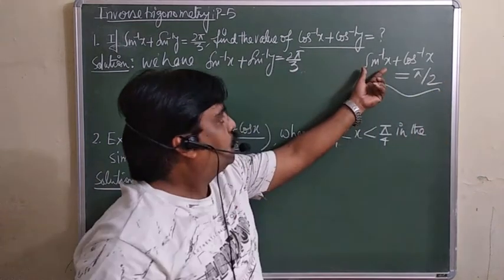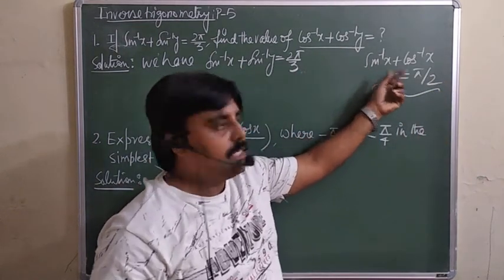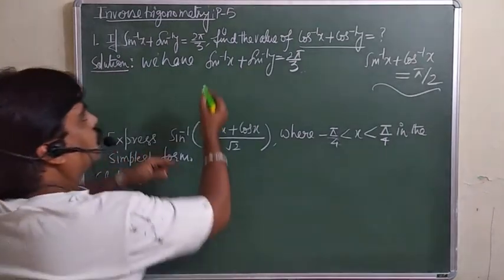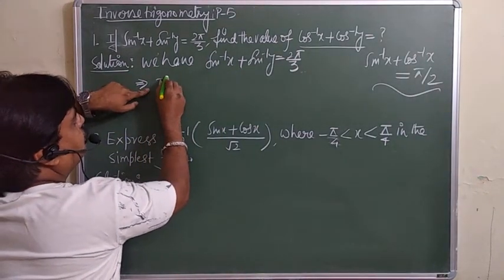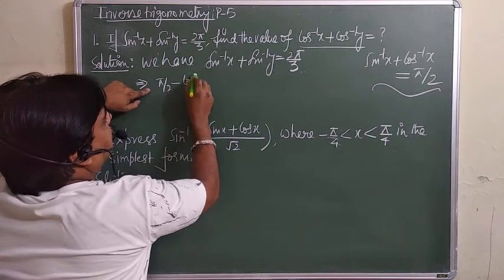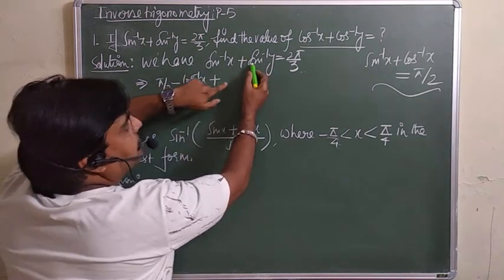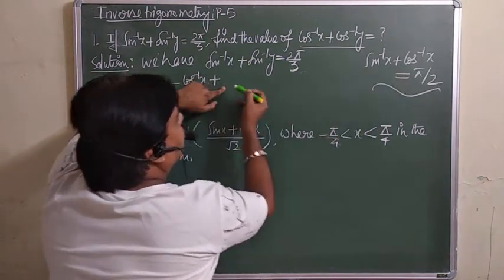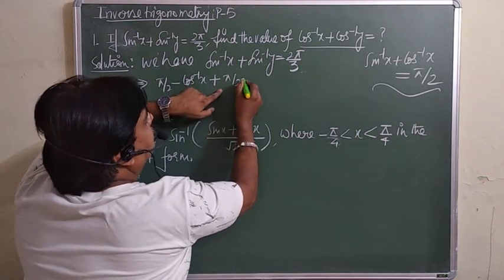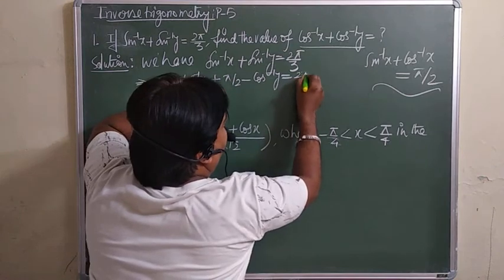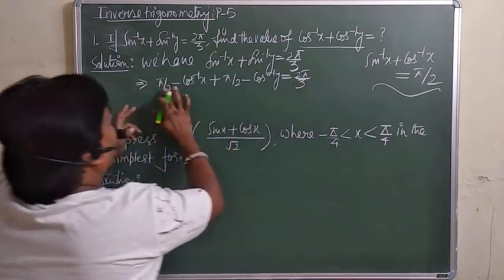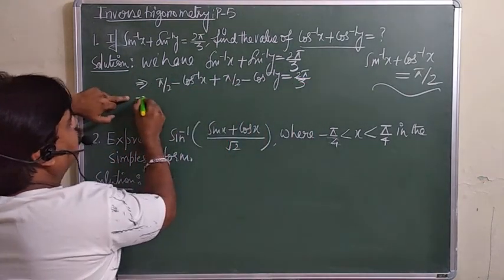So with the help of this, you can write the value of sin inverse x in terms of cos inverse. So sin inverse x can be written as pi by 2 minus cos inverse x. Similarly, sin inverse y you can write as pi by 2 minus cos inverse y, is equal to 2 pi by 3. So pi by 2 plus pi by 2 means that is pi.